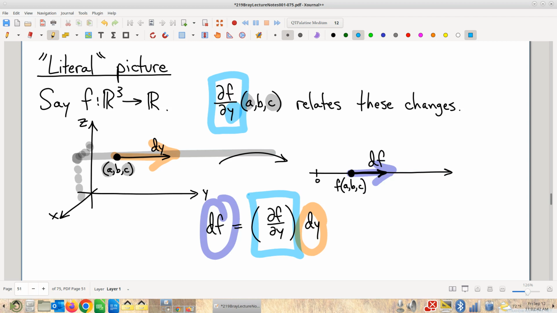Well, it's the factor that relates that to this. It's what you multiply that by to get this. So in this case, I would interpret, that looks like about 0.6, maybe, a little over a half, maybe. 0.6, 0.7, right? So that's what the partial derivative looks like here. Everybody see the difference? It's not a slope. Yeah?